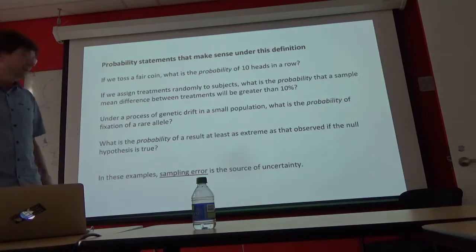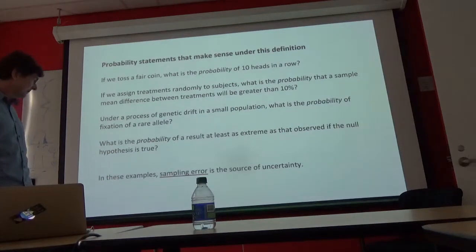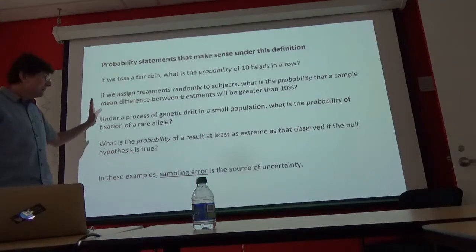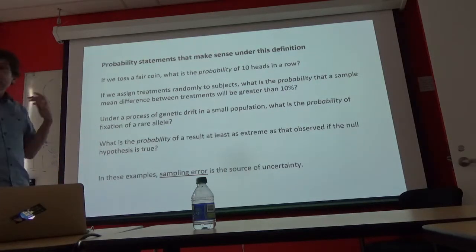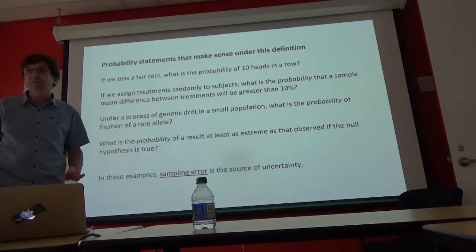This is the p-value, much derided by Bayesians and even ourselves. In all these situations, particularly those involving sampling data from a population, sampling error is the sole source of uncertainty.